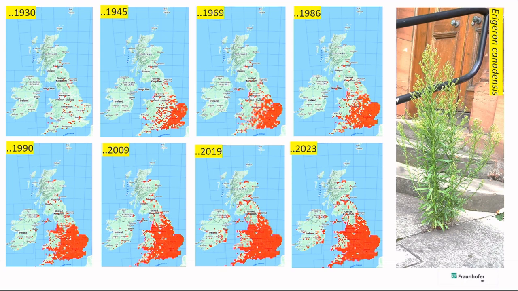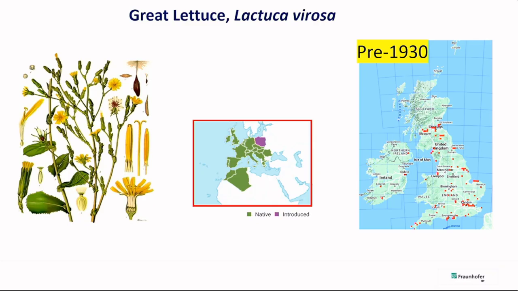So, I feel that there are 4 of these species, and I think they're often confused. And then the great lettuce. I came across the great lettuce down in Leith, and I hadn't realized it was a native. It is a native plant.